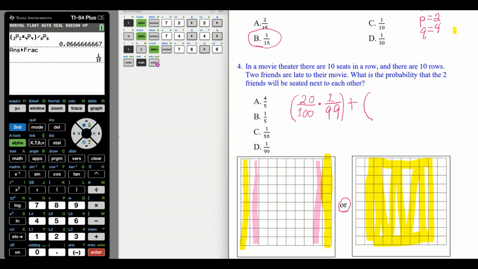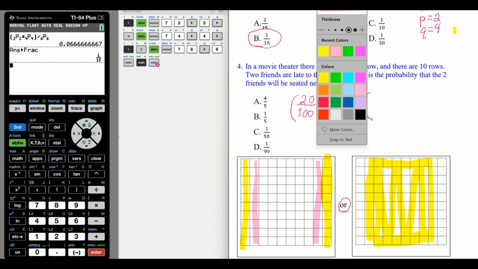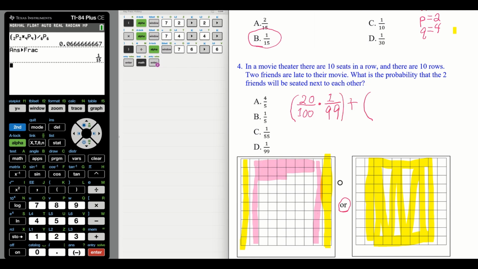On this one, the reality is they can sit in any one of these others. Okay, so we have the first friend, and he's not going to sit on the aisle seat. Those are all taken. So the only possibility that friend has is the 80 out of 100 in the center.